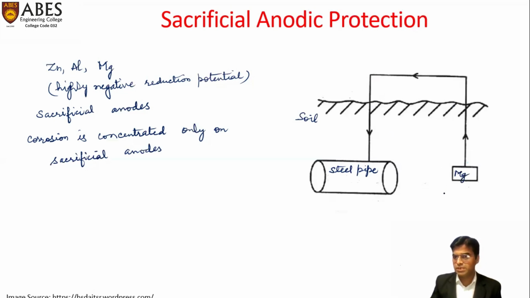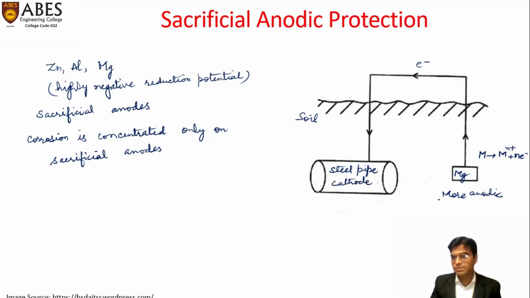So this magnesium block is more anodic, and because of this, it will undergo oxidation and it will lose some electrons. These electrons will flow to the steel pipe, which is now working as cathode. And we know cathode is not responsible for the corrosion process, means the corrosion does not occur on the cathode. So this steel pipe will remain protected.